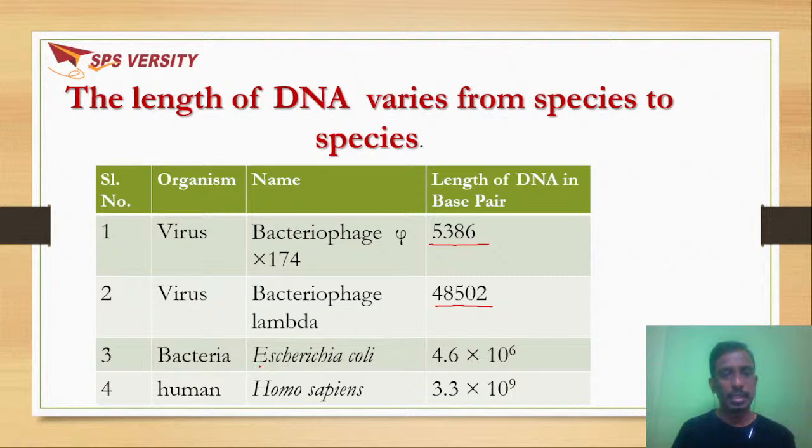The bacterium Escherichia coli has 4.6 times 10 to the power of 6 base pairs. And in humans, the haploid cell has 3.3 times 10 to the power of 9 base pairs.